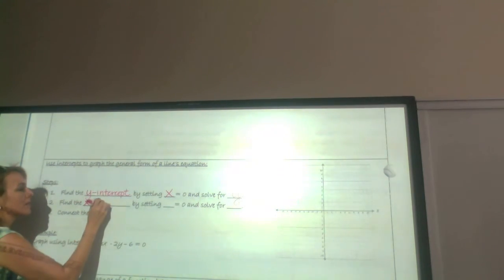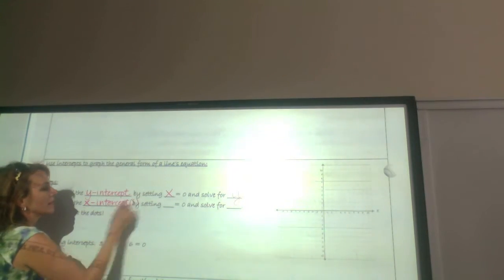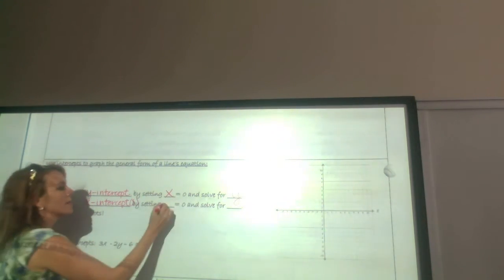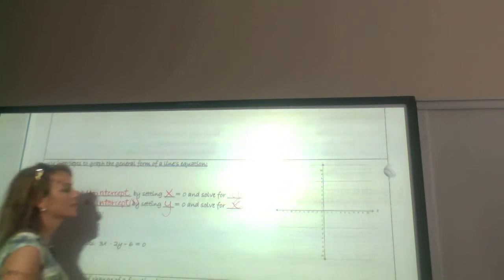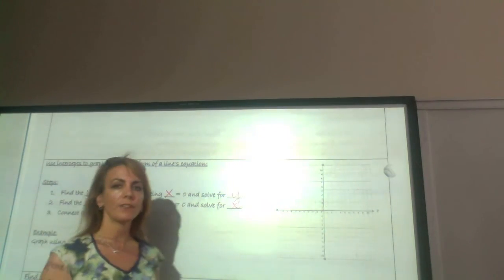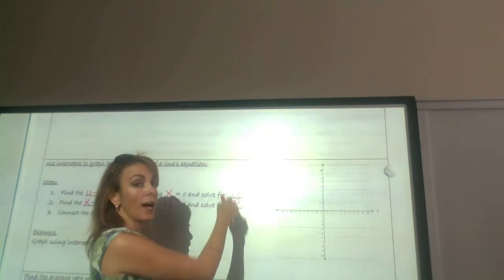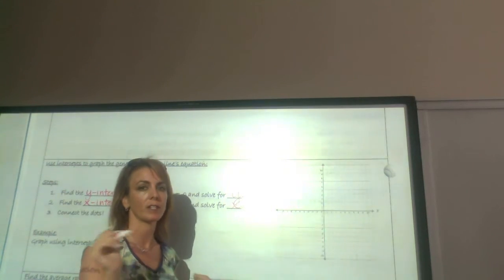So I can find my x-intercept, or intercepts, in this case it's just going to be 1, by setting y equal to 0 and solving for x. And so if I want to graph using intercepts, I'm going to find these two intercepts and then just connect the dots. This is pretty easy.